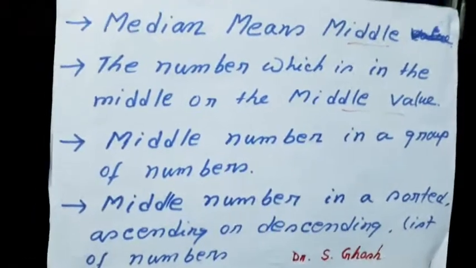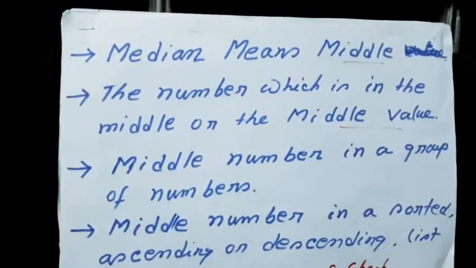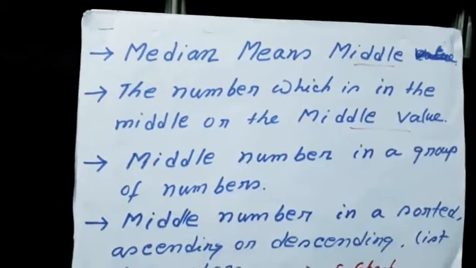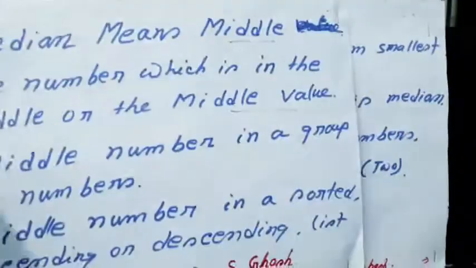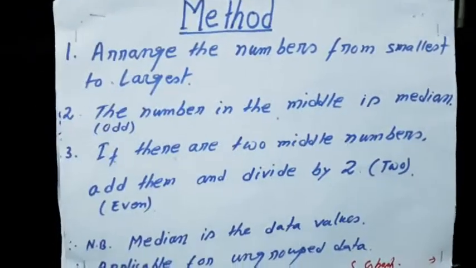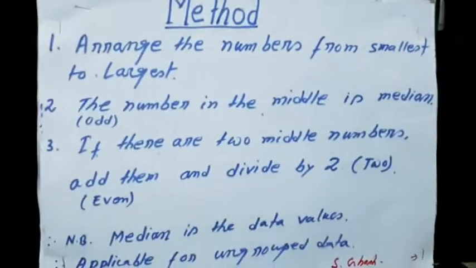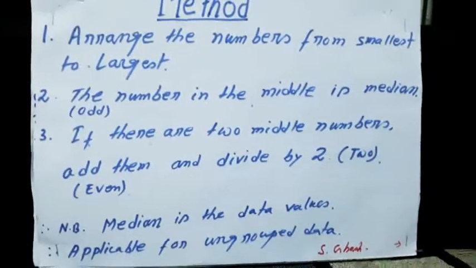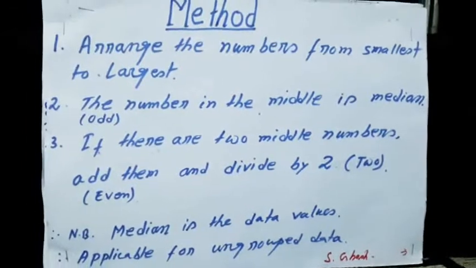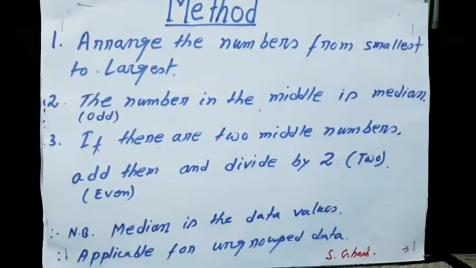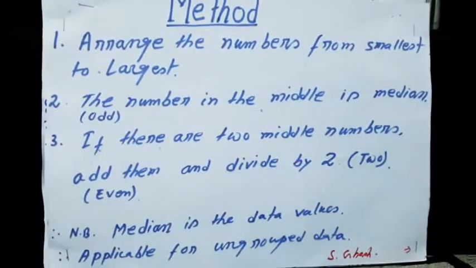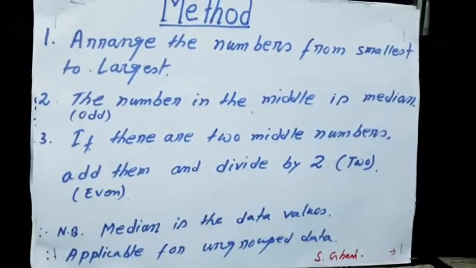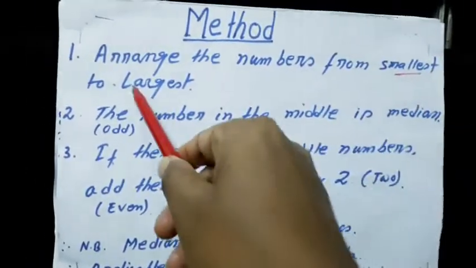Now we will move to the method of calculating the median. Now if we closely look at the method, to get the median value, what do we have to do? Firstly, we have to arrange the numbers from smallest to largest.